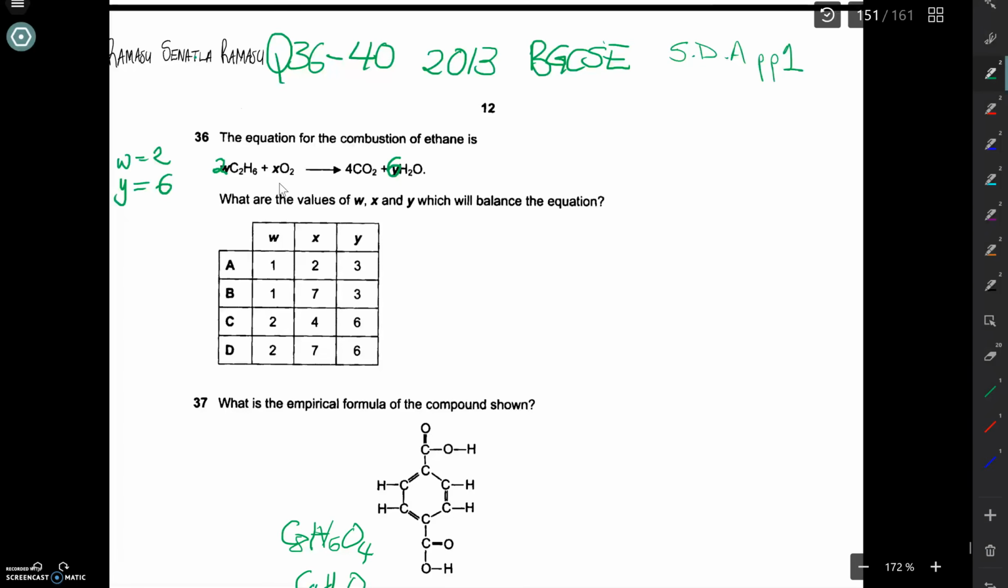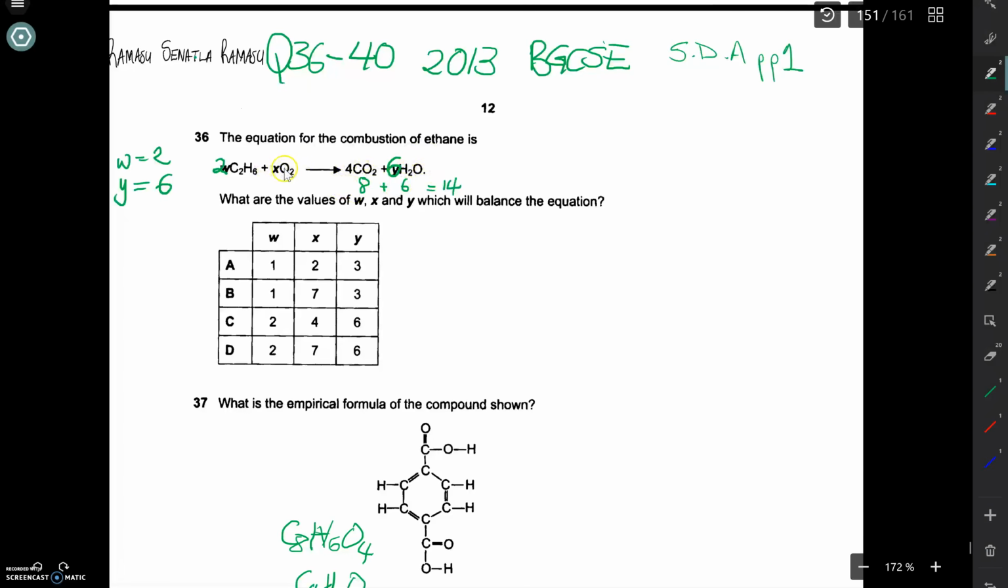Now the number of oxygen particles on the left side has to be equal to the number of oxygen particles on the right side, right? So we have 8 oxygen particles here, and we have 6 oxygen particles here, so in total we have 14 oxygen particles on this side.